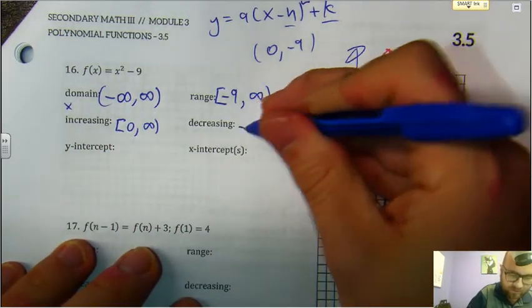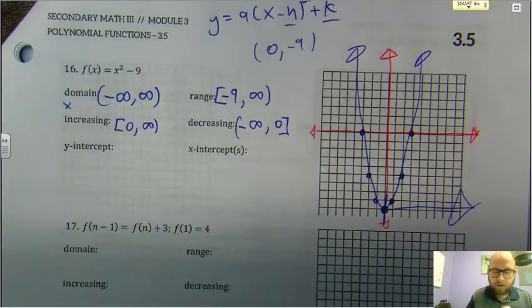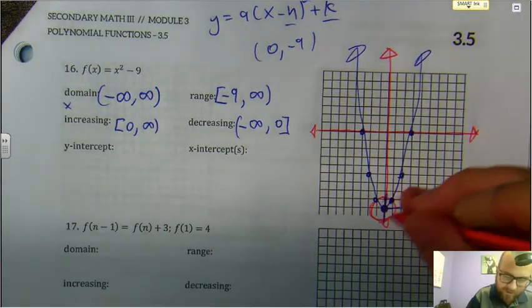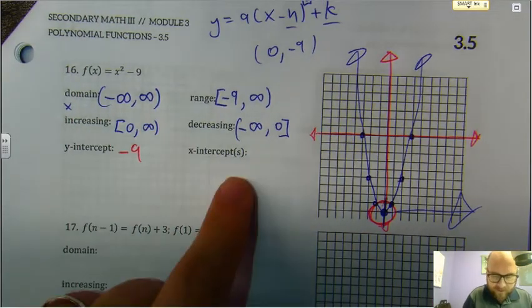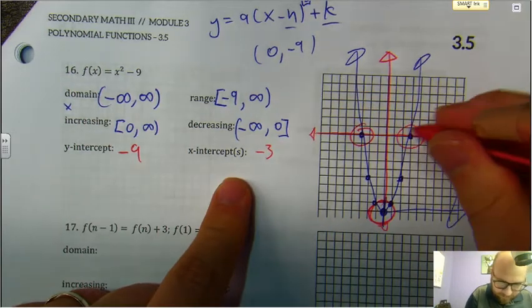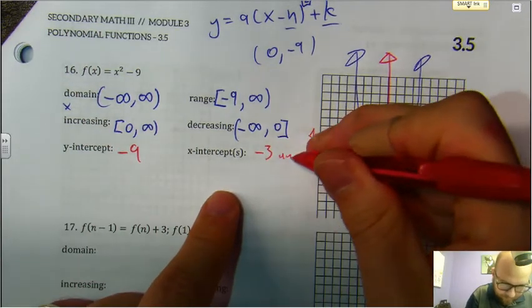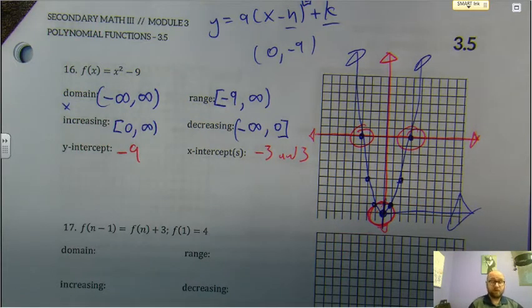So I'd say it's decreasing from -infinity to 0. What are my y-intercepts? Where does it cross the y-axis? Crosses the y-axis at -9. My x-intercepts appear to cross at -3, and then again at 3. Okay. And so that's how we're going to do all of those.